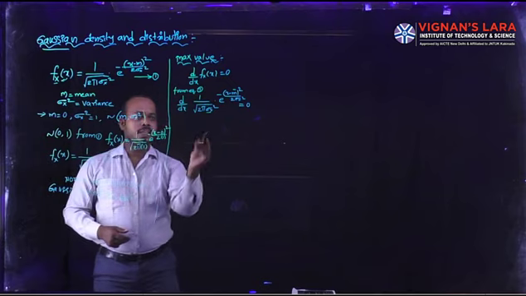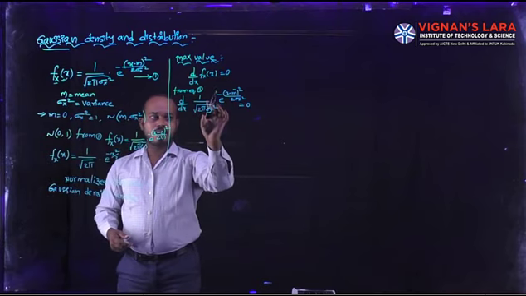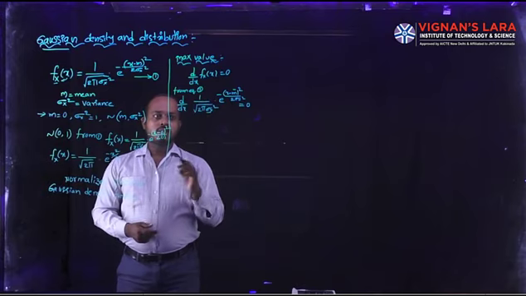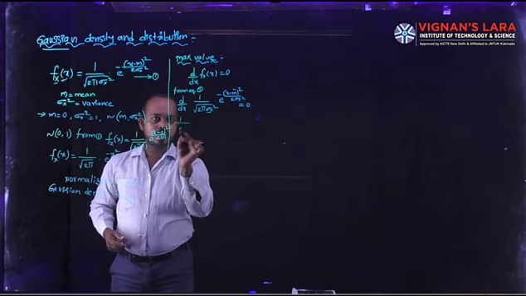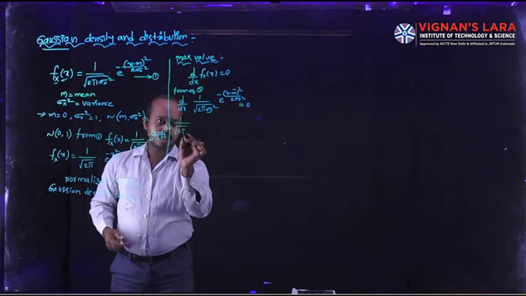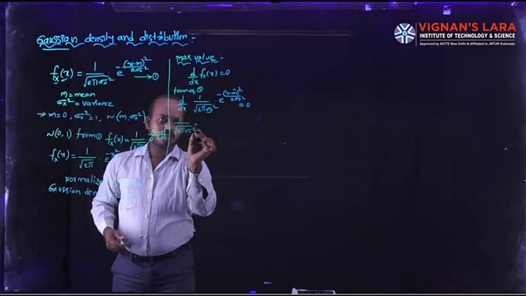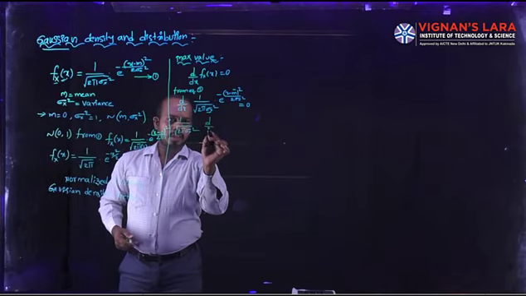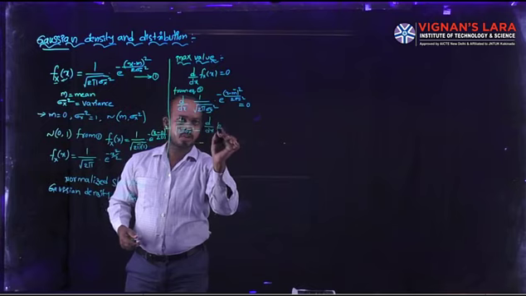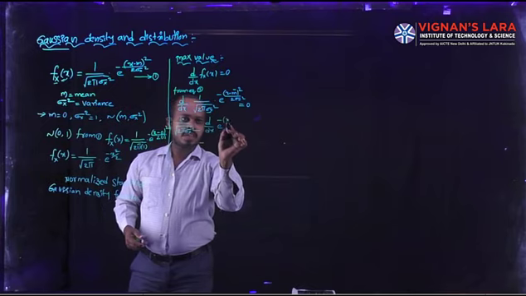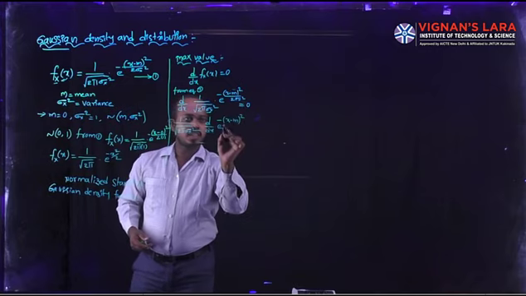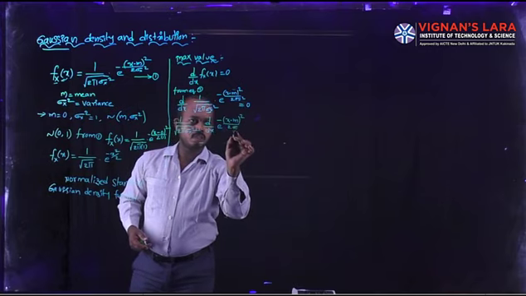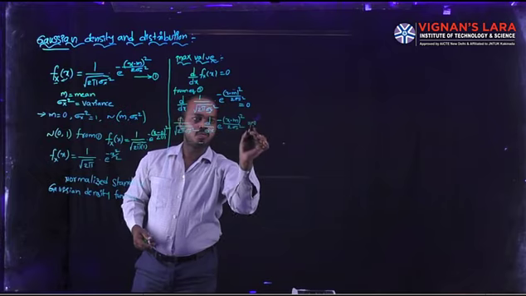That's why I write the constant terms separately before the differentiation, and then apply the differentiation on the exponential term. So I rewrite the equation as 1 divided by square root of 2 pi sigma x square into d by dx of e power minus x minus m whole square divided by 2 sigma x square is equal to 0.